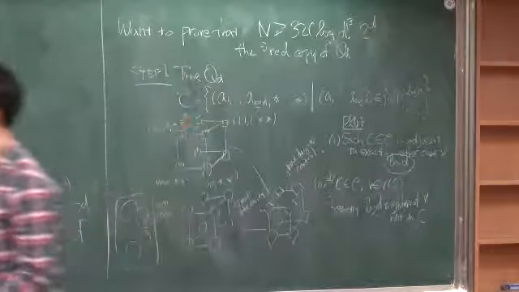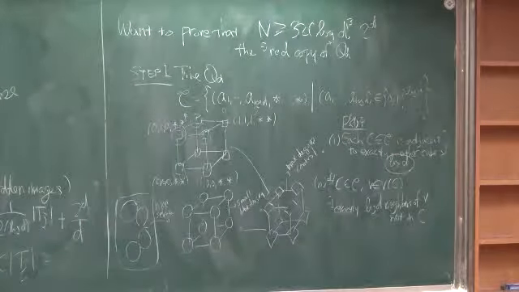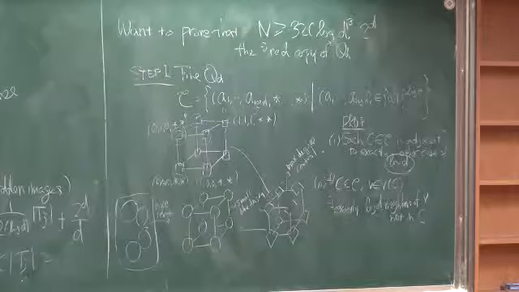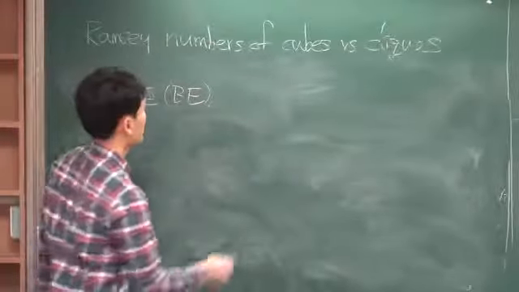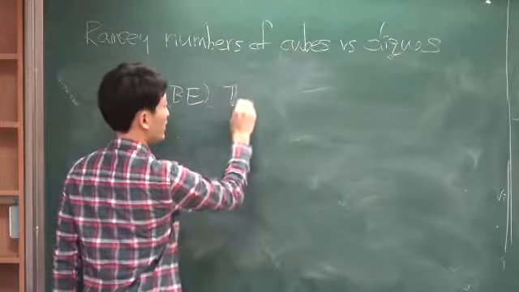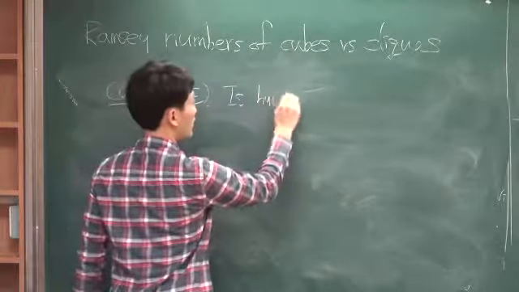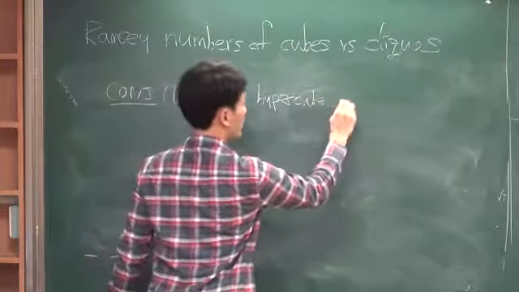Okay, so I'll just conclude with some open problems. First is the conjecture of Burr and Erdős. So we weren't able to finish it. It says, is the hypercube Qd good?